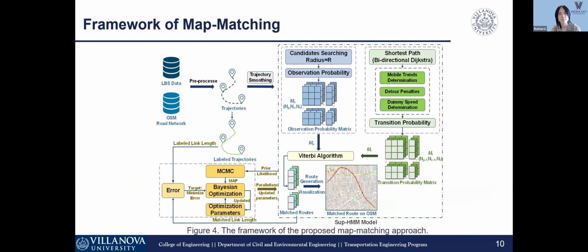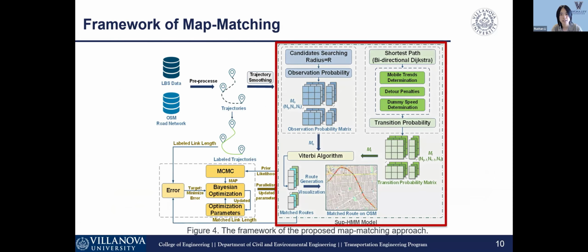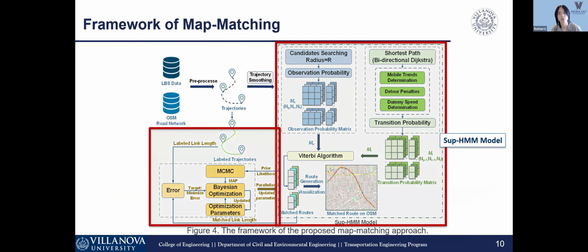Okay, moving on to the map matching framework. Our map matching method is divided into parts. Here's our pipeline. We use an HMM base and enhance it with 3 custom conditions and a 2-stage hyperparameter tuning approach using Markov chain Monte Carlo and Bayesian optimization.